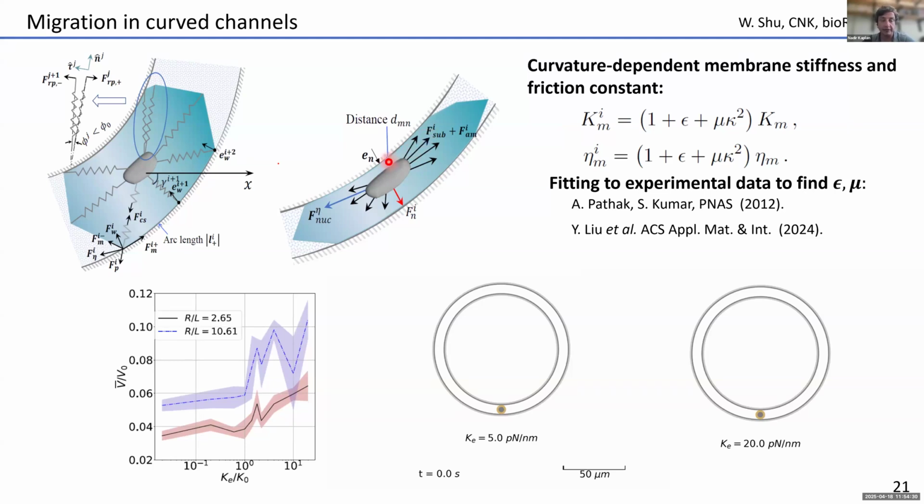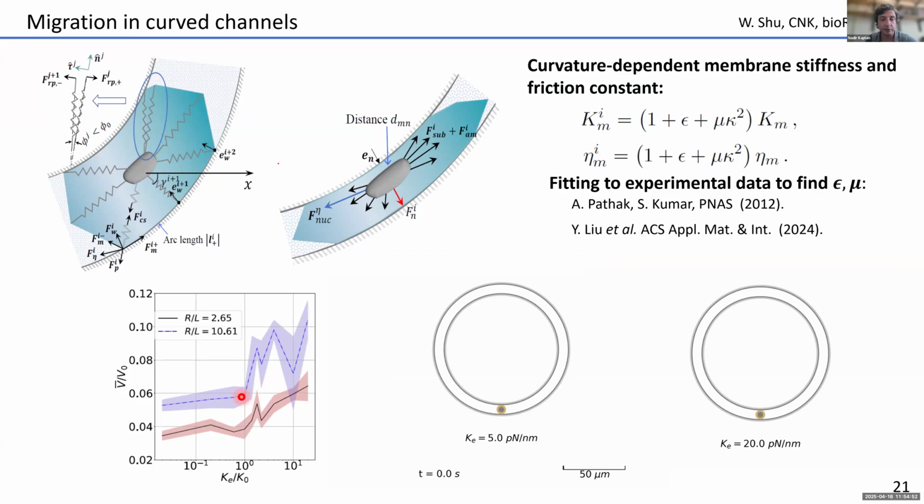On a curved interface, when the springs are stretched, they're going to be slightly longer. So you need to take that effect into account, and in a spring model, you need to consider the dependence of the spring stiffness, but also the friction constant, on the curvature of the channel.